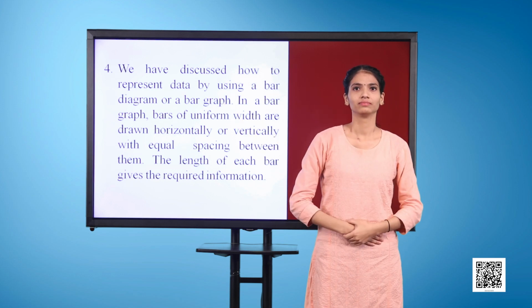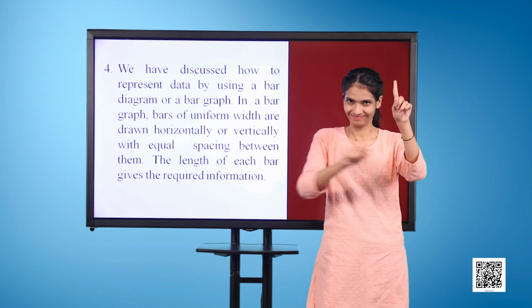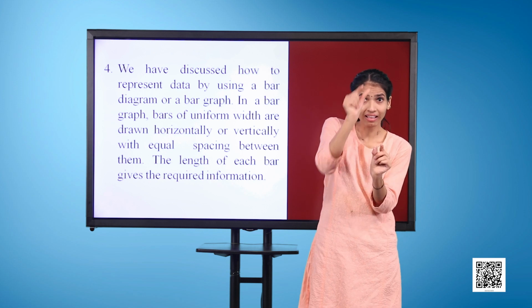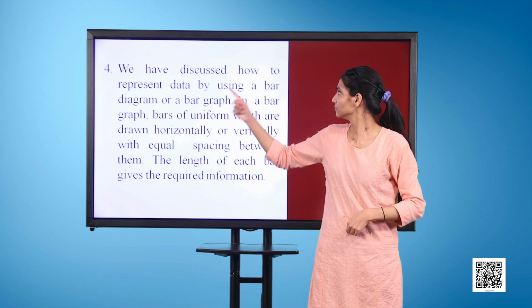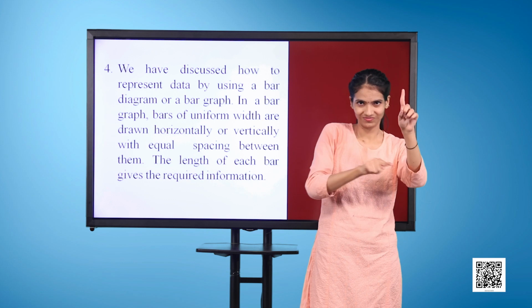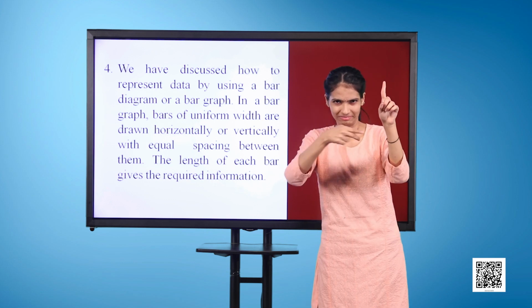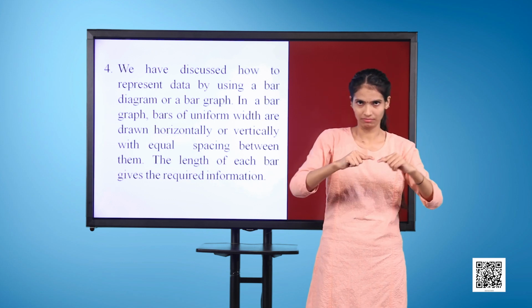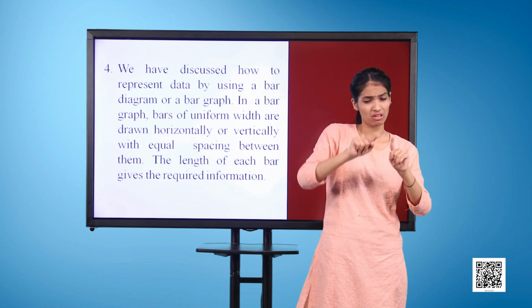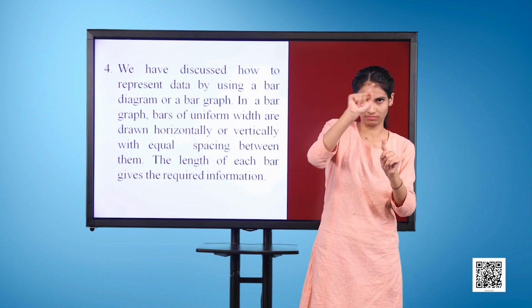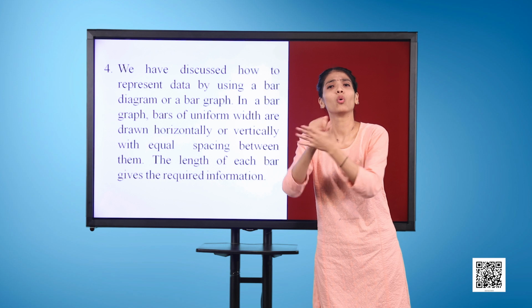Four. We have discussed how to represent data by using a bar diagram or a bar graph. In a bar graph, bars of uniform width are drawn horizontally or vertically with equal spacing between them. The length of each bar gives the required information.